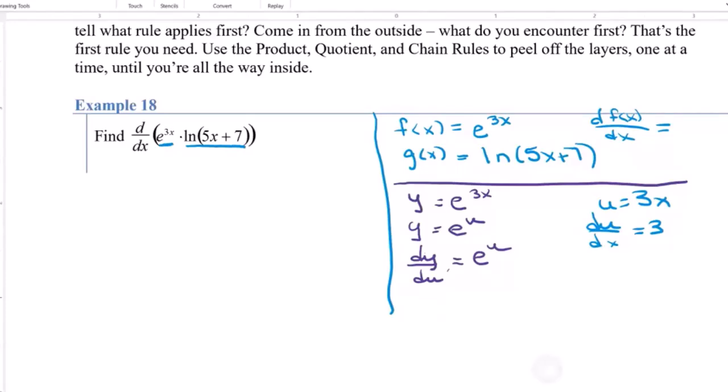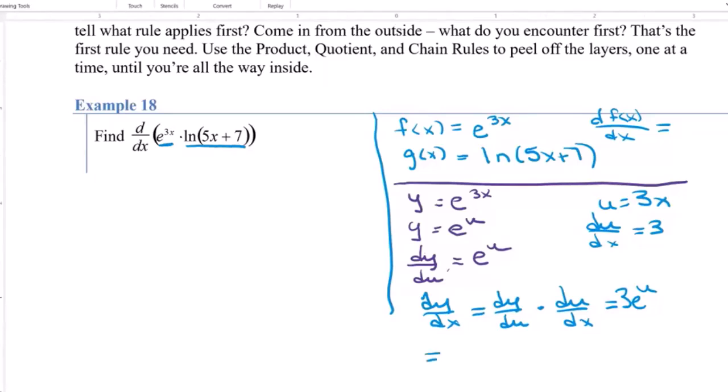Okay, so dy dx is equal to dy du times du dx. dy du is equal to e to the u, and du dx is equal to 3, so 3e to the u.